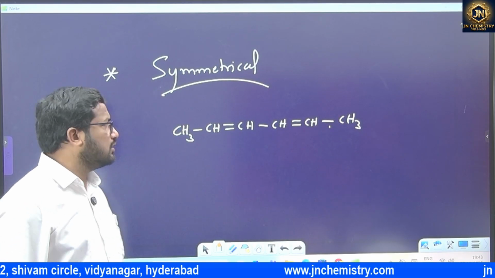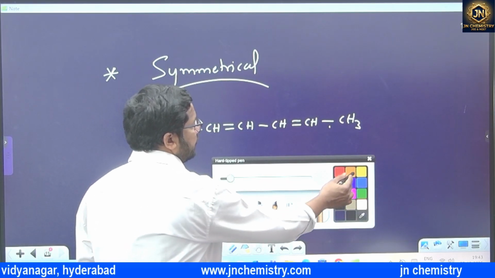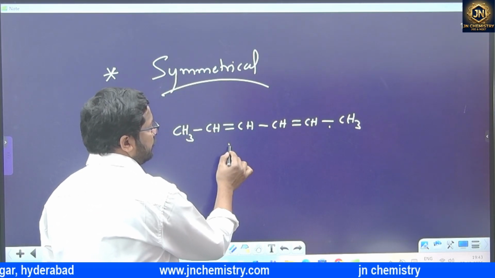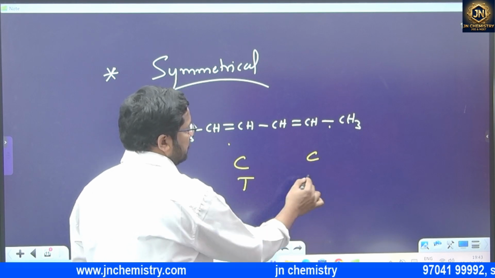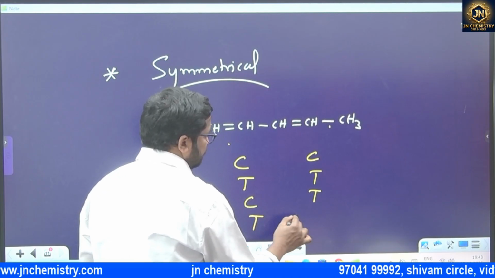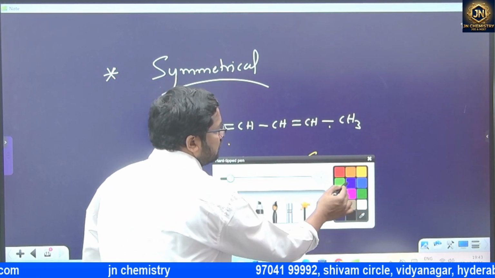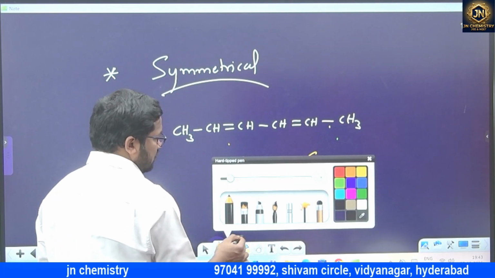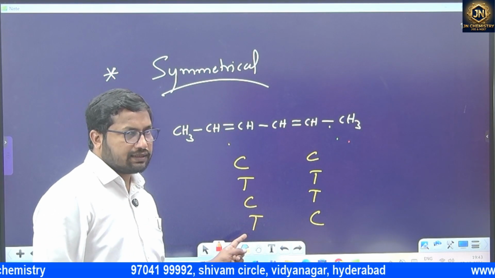Now in this case, we can put cis, trans, cis. But the problem is, these both seem to be the same. Either cis trans or trans cis, same.